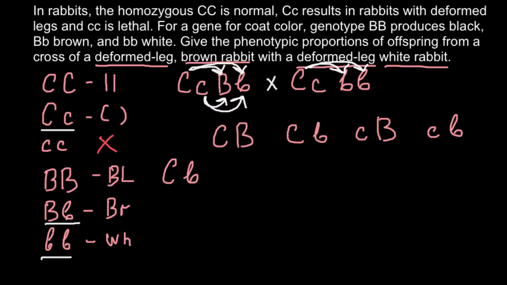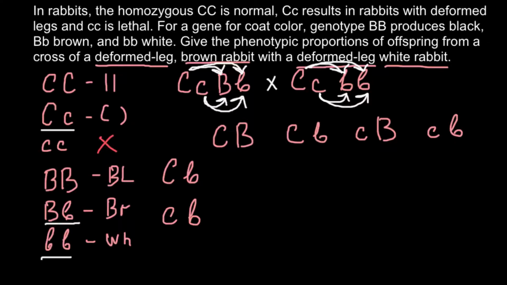Another combination would be small c, small b, and this is different from what we have, so we list it. The last would be the same combination, so we don't list it.